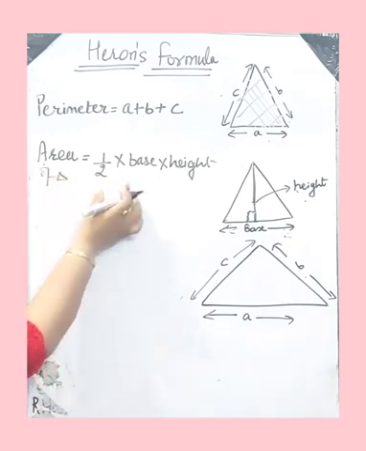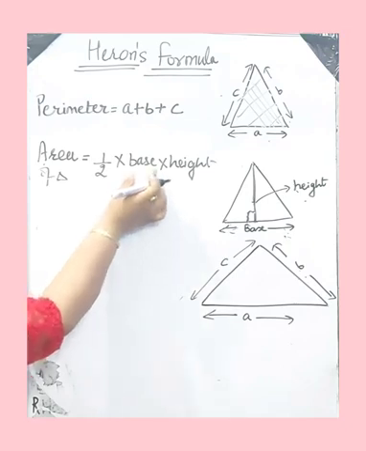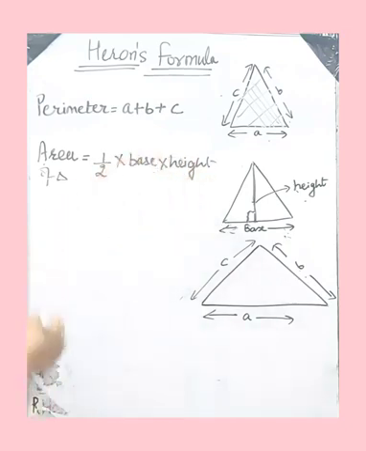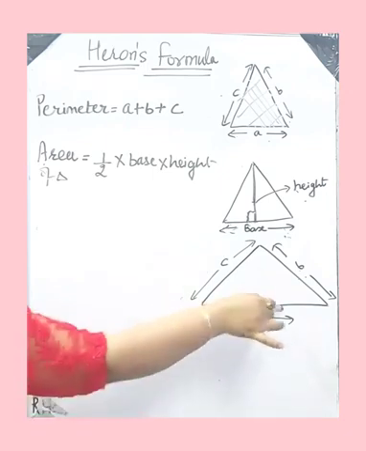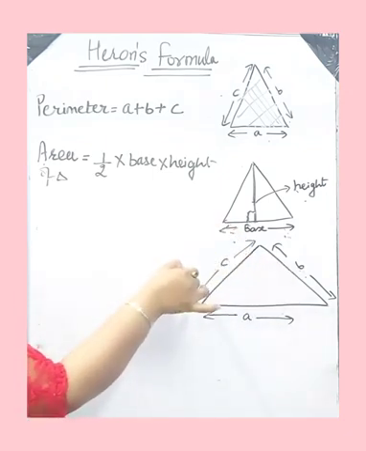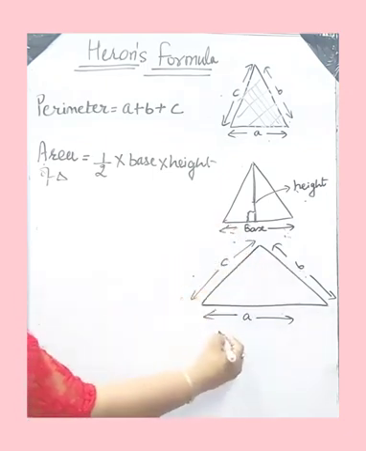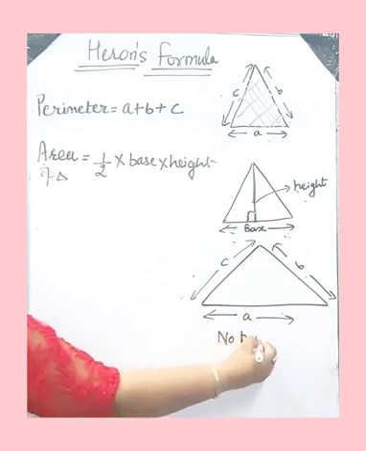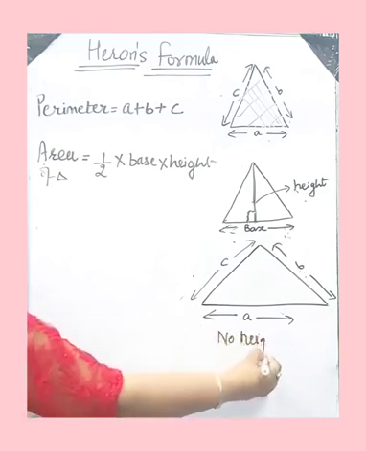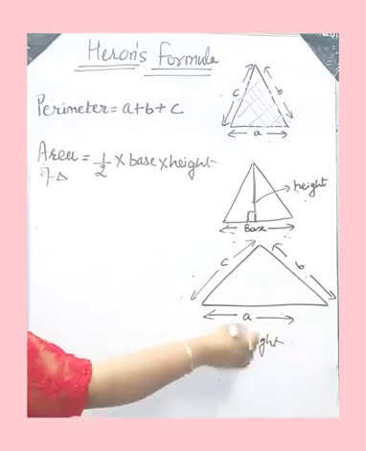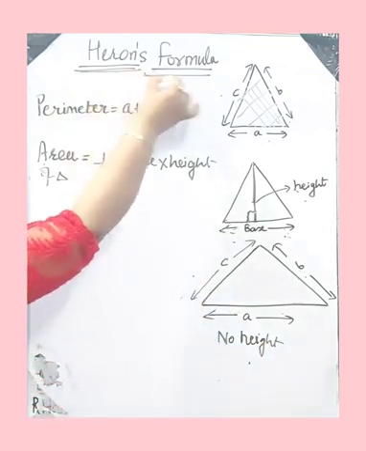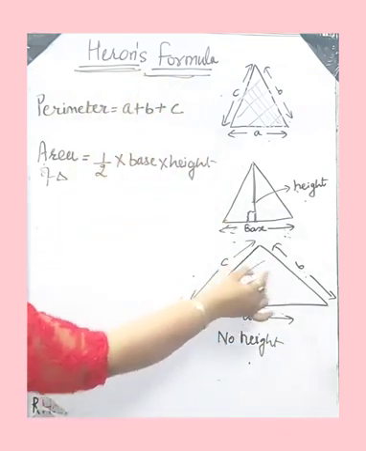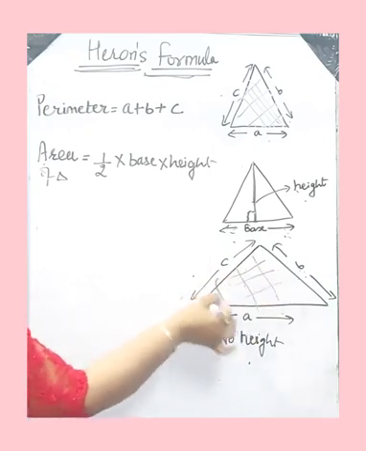Area of triangle equals half into base into height. Now, if the lengths of all three sides of a triangle are given, but no height is given, then we will apply Heron's formula for finding the area of this triangle.